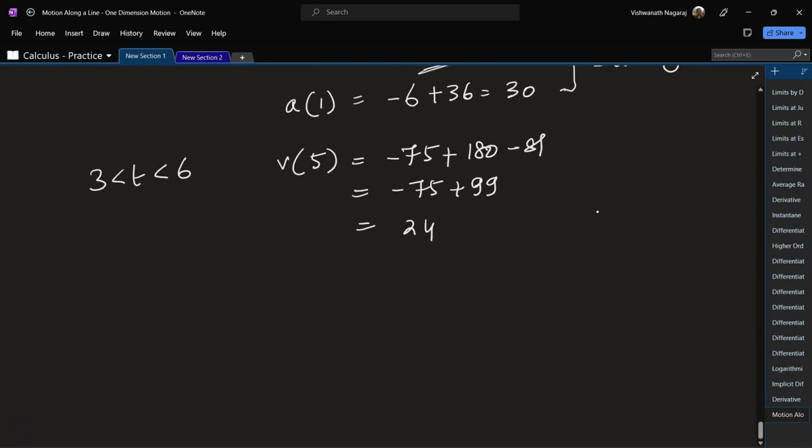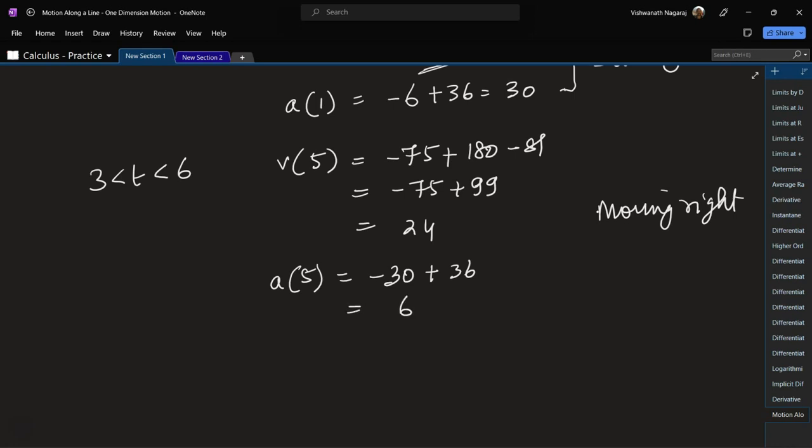Okay, that is velocity. So with this we know that it is moving right because it is positive. Now acceleration at 5 is equal to minus 6 times 5, so minus 30 plus 36, which gives us 6. Now here both are positive, velocity and acceleration. So that means it is speeding up.